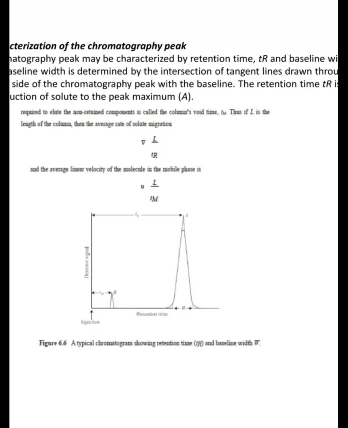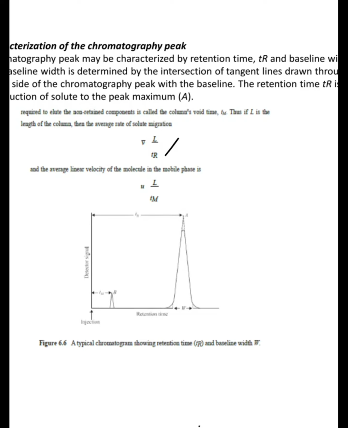The retention time is the time elapsed from the introduction of the solute to the peak. That is known as retention time, and the time required to elute the non-retained components is known as column time. And further, it can be calculated using V = L/TR.